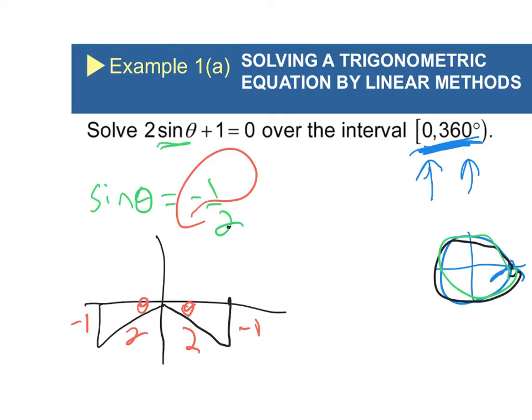And that, again, is a 1, 2, square root of 3 triangle. So that must be a 30-degree angle. However, let's see.